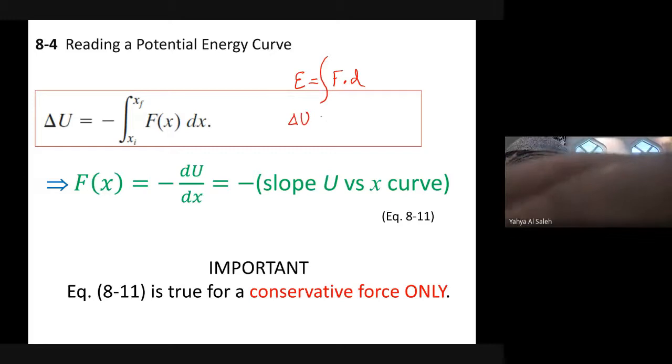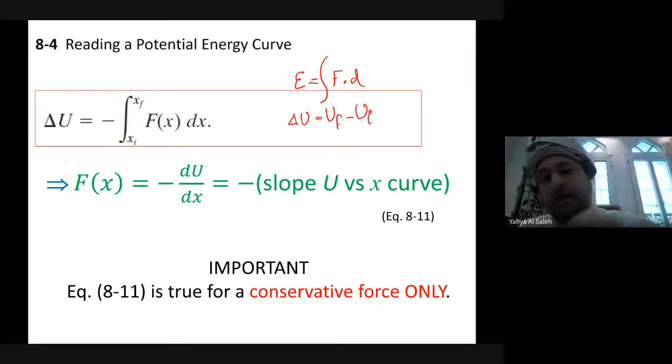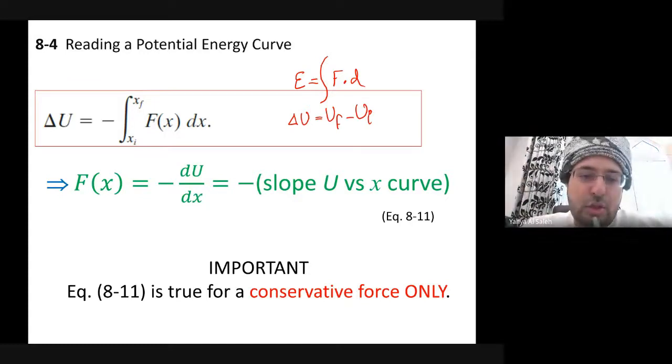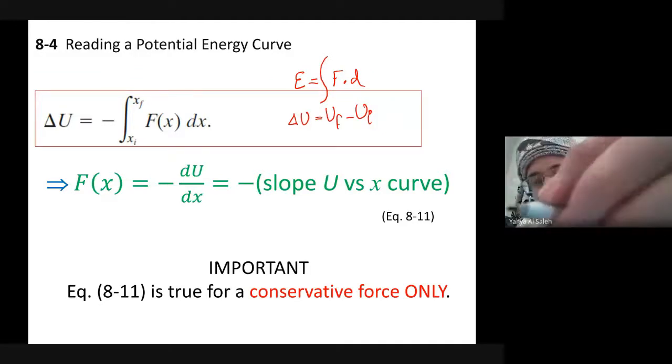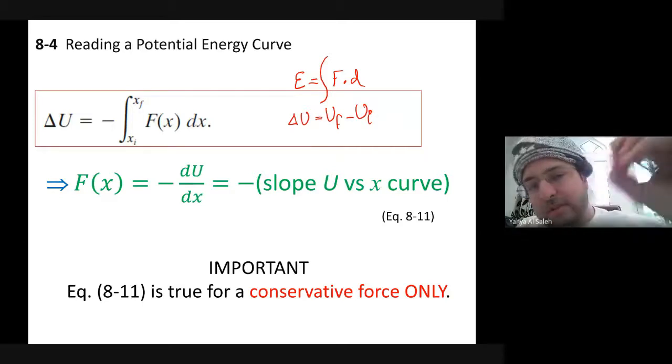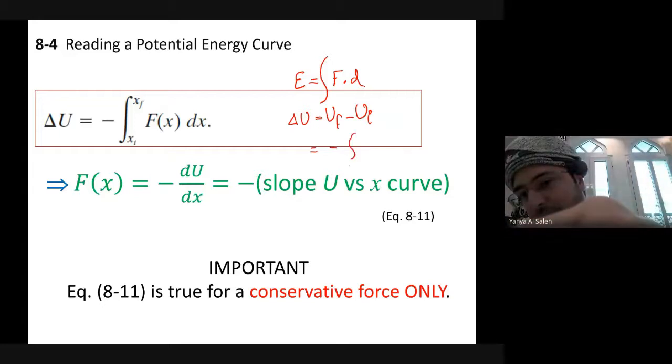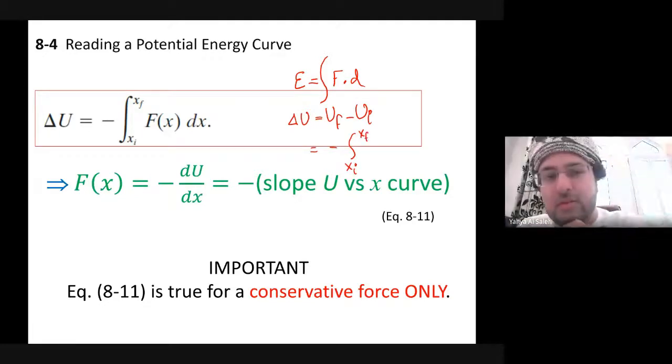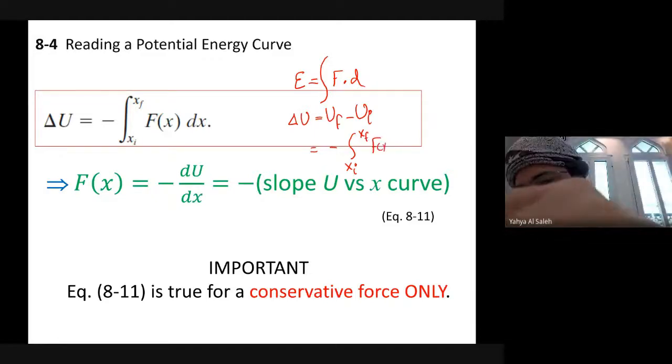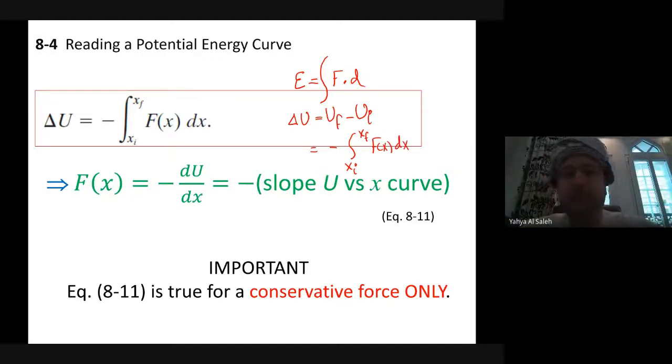Delta U is U final minus U initial, which can be written as minus the integral from initial to final of f of x dx.